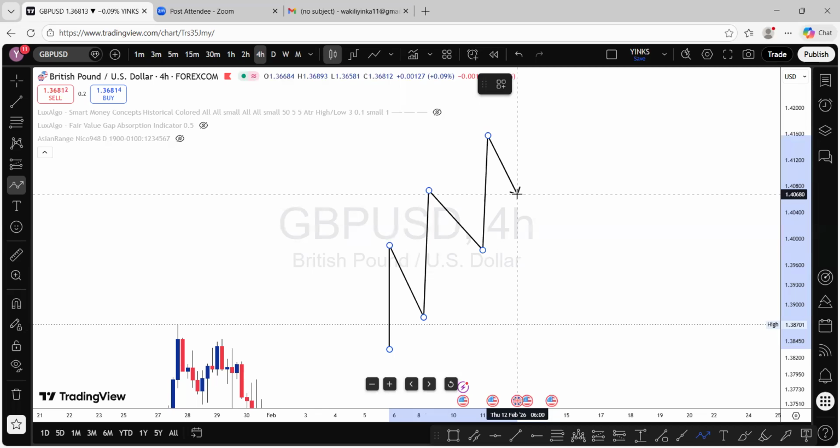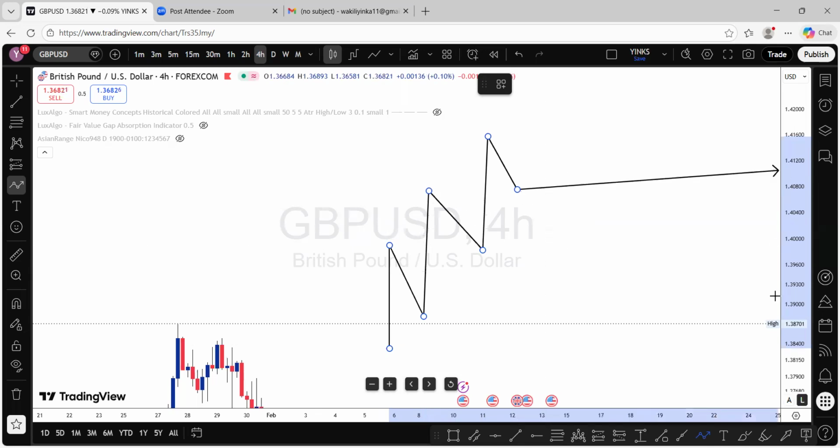Now, the number two rule is this. You see all of these lows, all of this higher low that is forming on the buying market, they are not meant to be taken out. Price is not supposed to come and take them. As long as the market is trending, the price is not supposed to come and take them. Price is supposed to respect them because they are called strong lows.